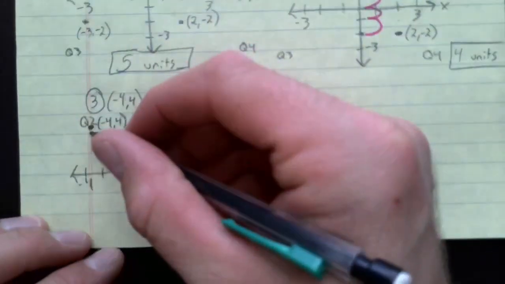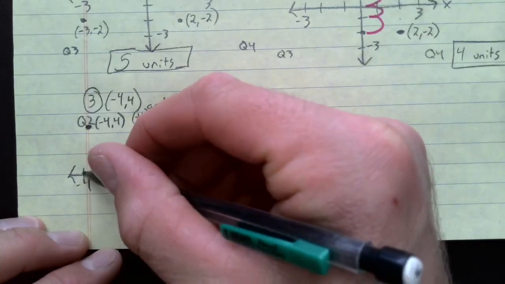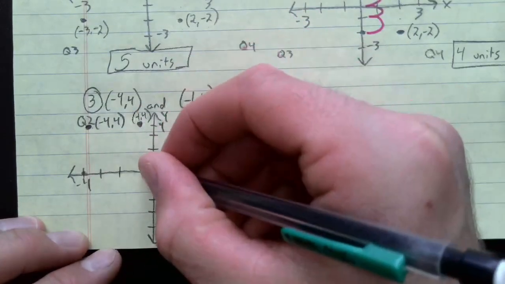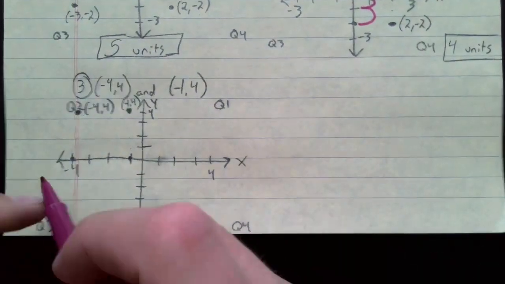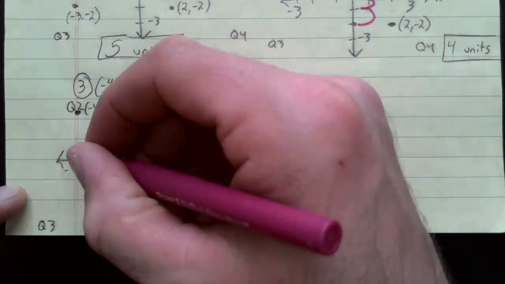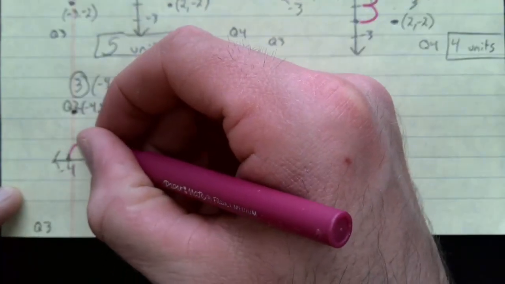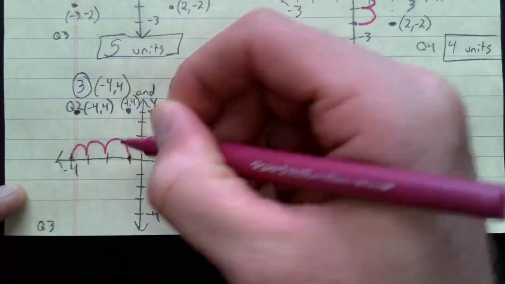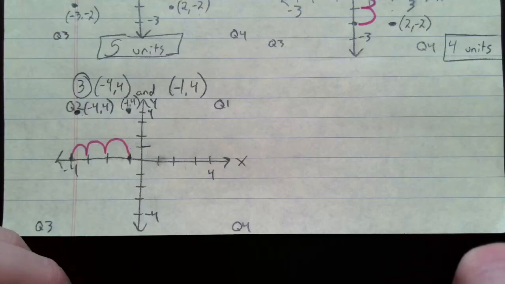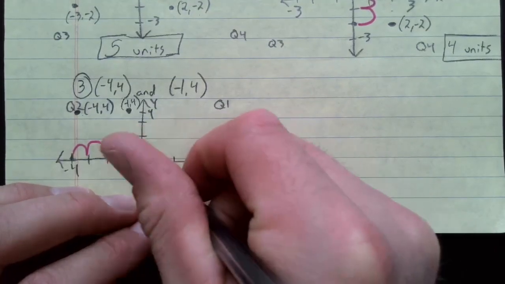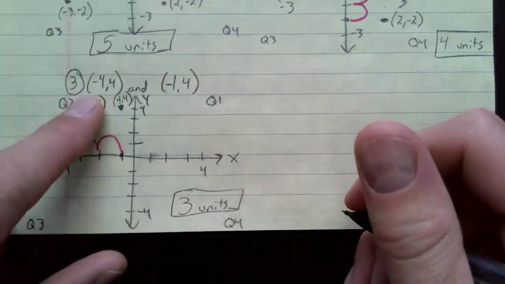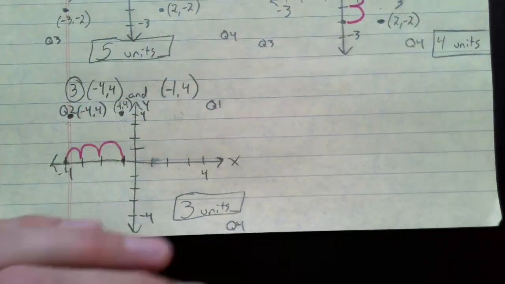And then just below that, put little marks right next to where you made those points. That way you can see on your axes where those points are. And then just count your jumps. 1, 2, 3. Your answer is 3 units. 3 units is your answer for the distance between the points -4, 4 and -1, 4.